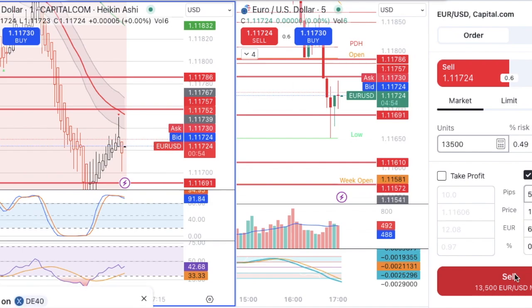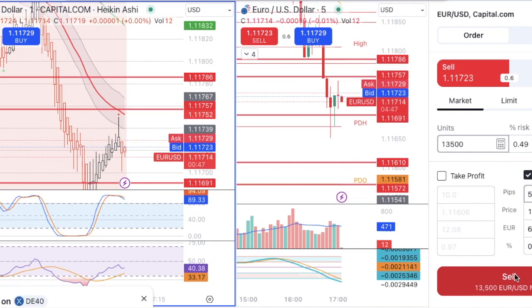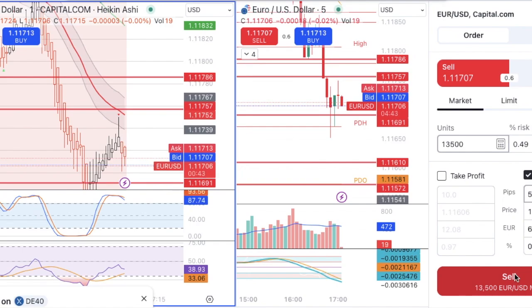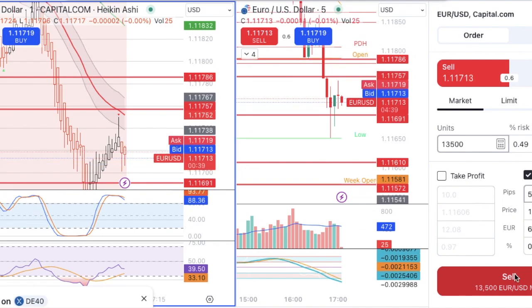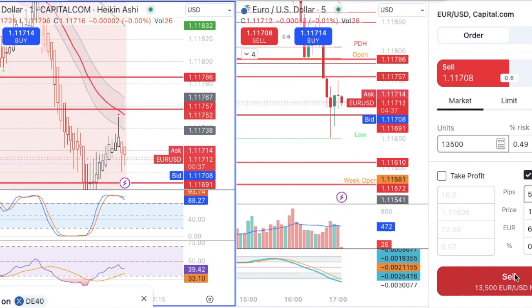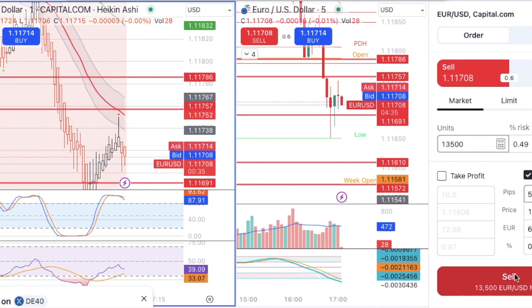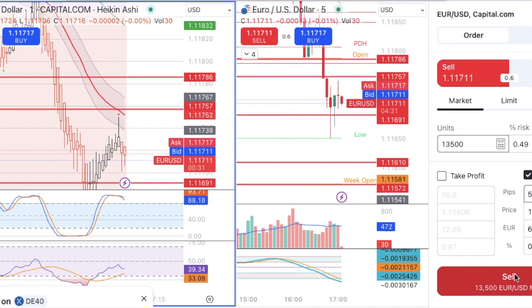And also there are some more levels marked in here, like the current low, daily low, and we also have the previous day's high there, and I think we have the weekly open for this current week. So it's different levels there. It might be relevant.